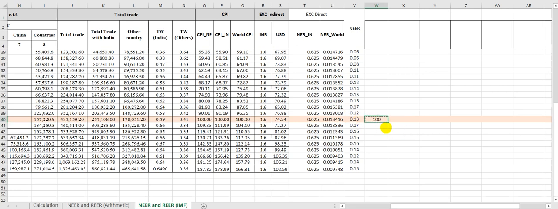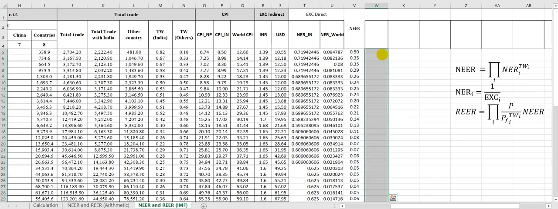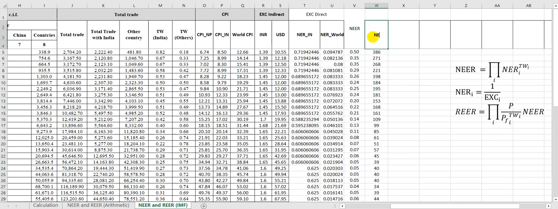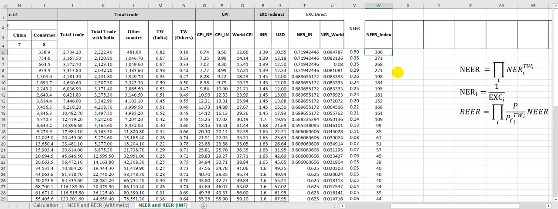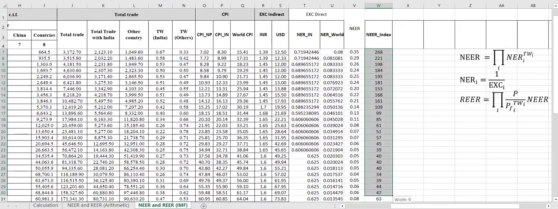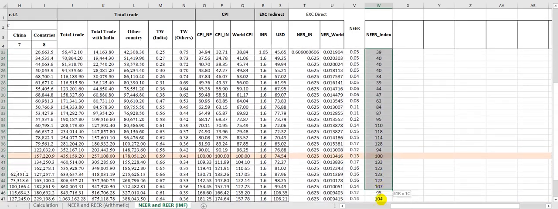I will simply copy it and paste it, copy it and paste it, and drag it up. This is the NEER index. Let me show it to 2 decimal points.